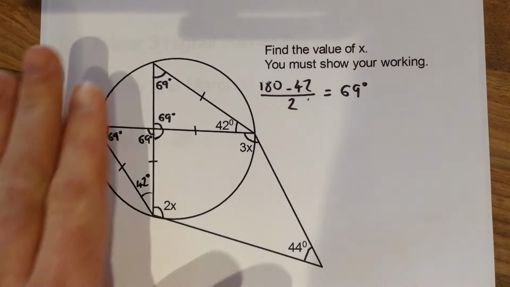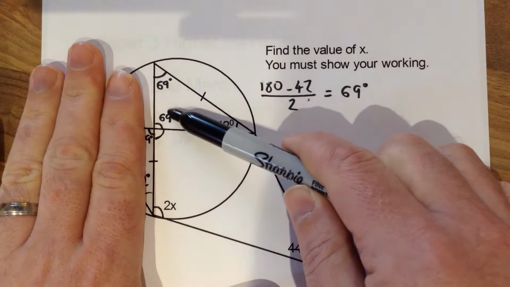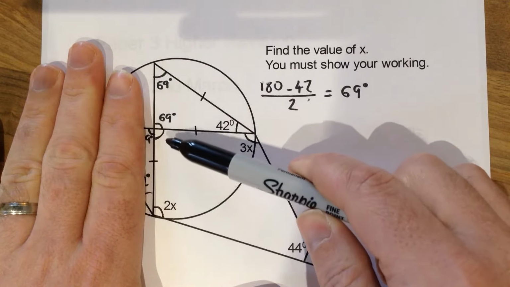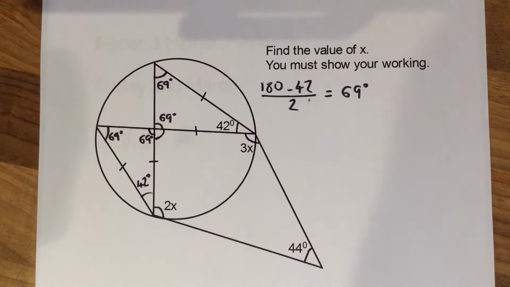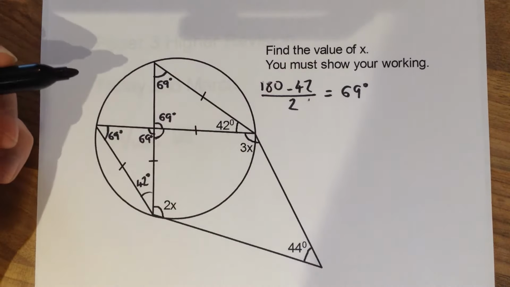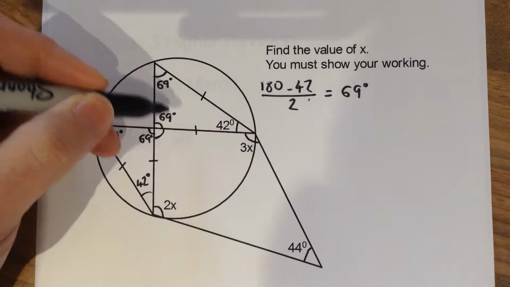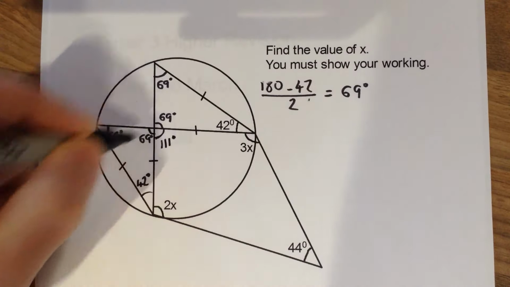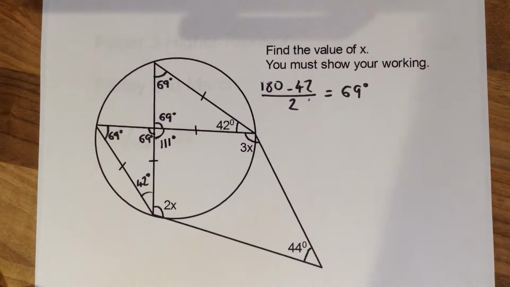The one that jumps out to me first off is the fact that this 69 and this one that we're looking for here, those two join together to form a straight line. So these two will add together to make 180. If I do 180, take away 69, that tells me that this angle here must be 111.